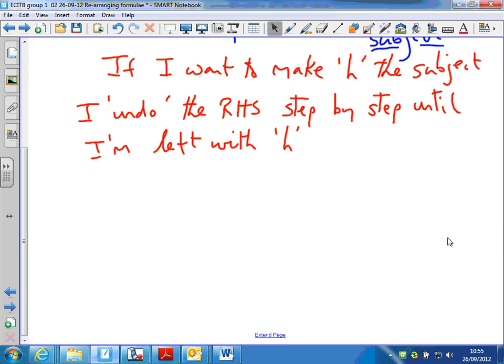Okay, so let's rewrite the formula. And I want to make H the subject. So when you look in the textbook and you're asked to rearrange a formula, that's usually how it's written. But in a bracket by the side of it, that's what I'm going to try and make the subject. What I do is I look at this right-hand side and I ask myself, what's happened to the right-hand side?